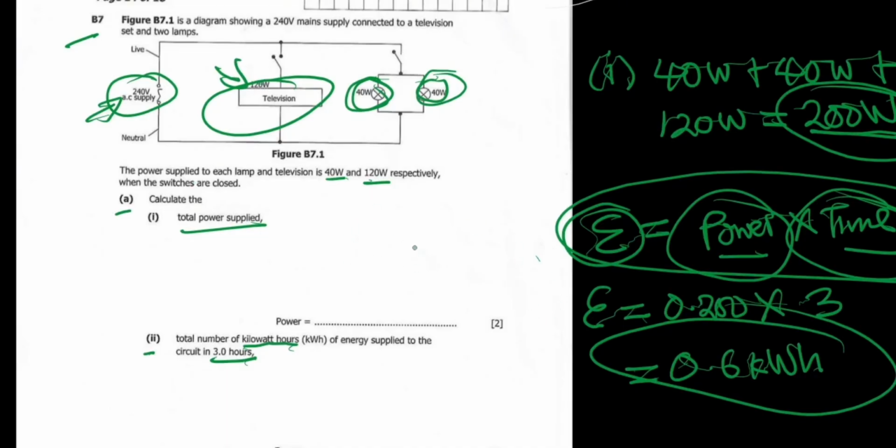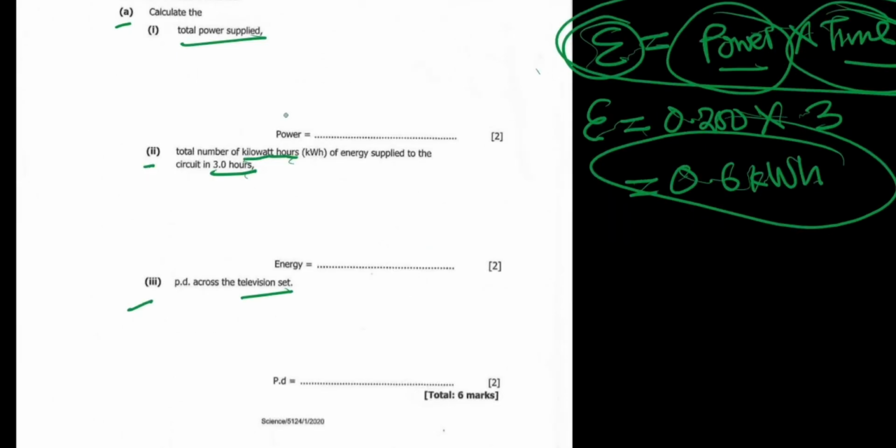So 240 volts is actually the answer for this particular question. So make sure you understand how to deal with these problems. So while the power here is 200 watts, the energy is actually 0.6 kilowatt hour, and the potential difference is actually 240 volts.